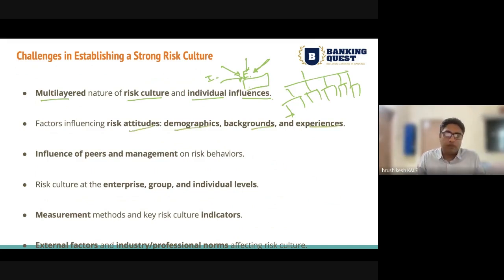There is nothing to worry about. Yes, influence of peer and management on risk behavior. It so happens that if you try to implement a risk matrix in the organization, especially the people from marketing will start hating you, and then organizational politics will set in.